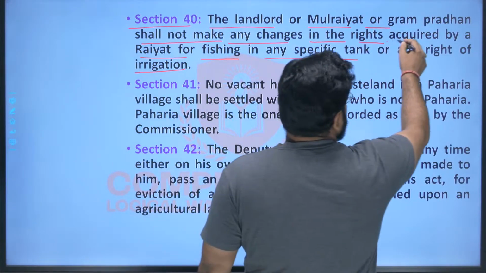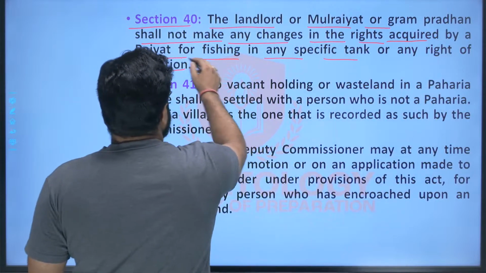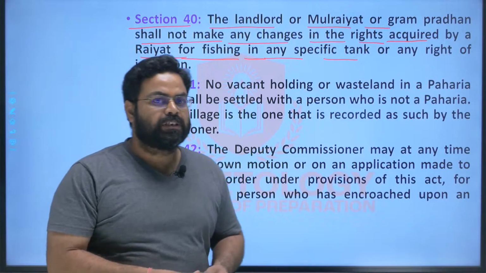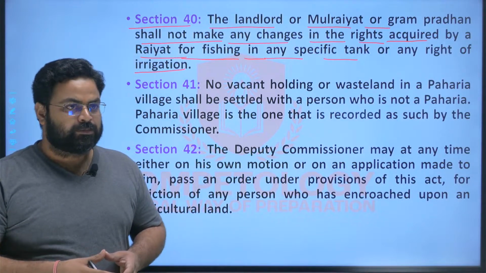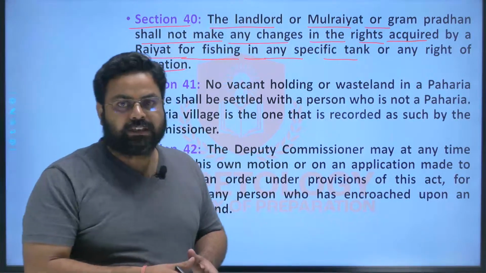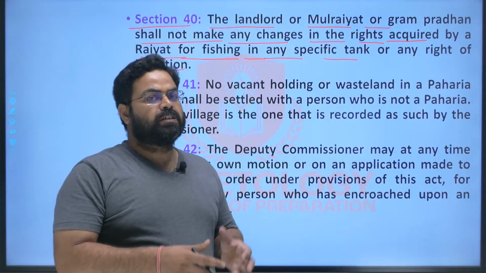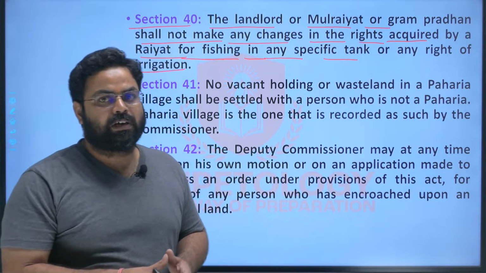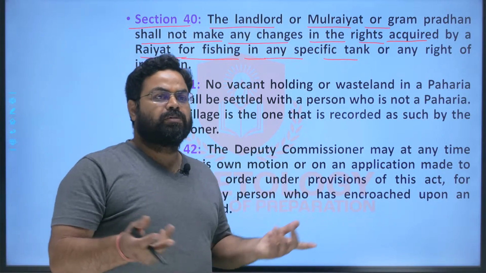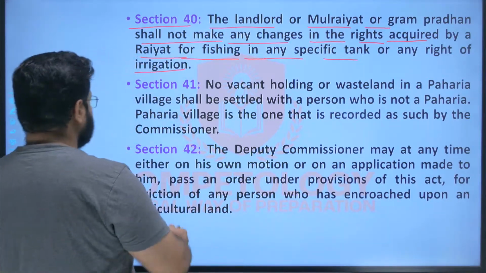If the right has already been allocated, then under no circumstances, without sufficient reasonable cause, can he change it by his own order or by his whims and fancies, right?